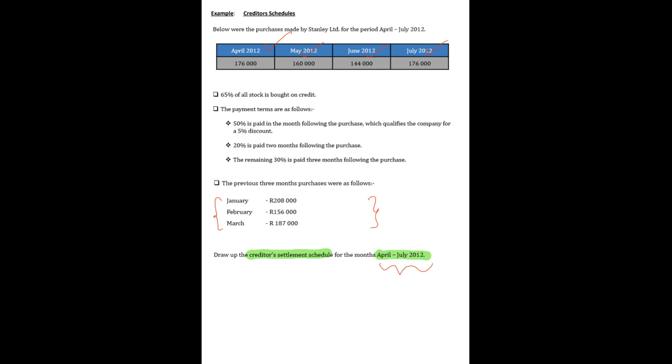So technically the first month's information that you have is January. So you have January, February, March, April, May, June, July, and you'll see that in the first column as well. This is how you know which months to include in your table. Again, remember the question tells you which months go across at the top, and then coming down the first column is going to be all of the months for which you have information or purchases or sales figures.